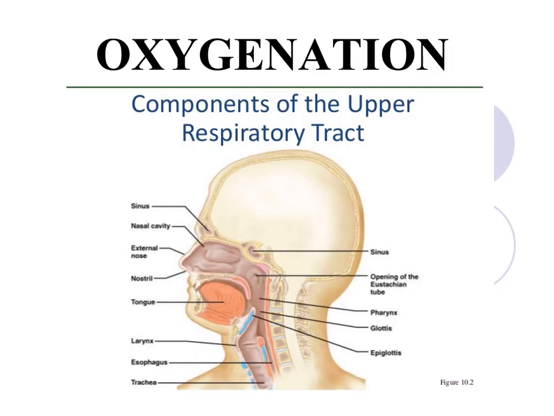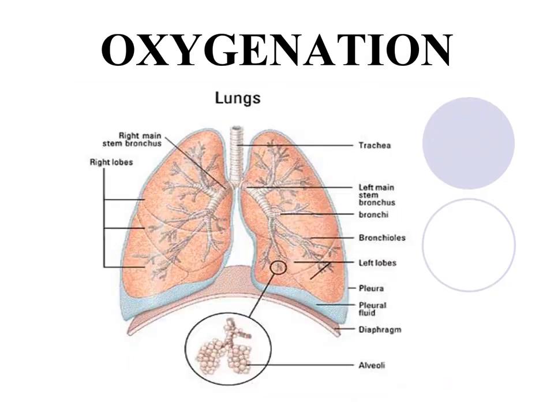From that we will start the lower respiratory tract, starting from the trachea, then bronchi. In the lower respiratory system, the trachea is divided into two parts entering the lung, which are the bronchi.